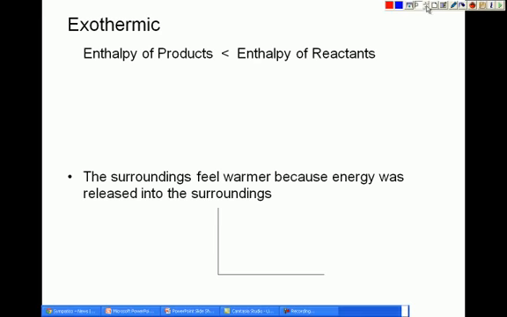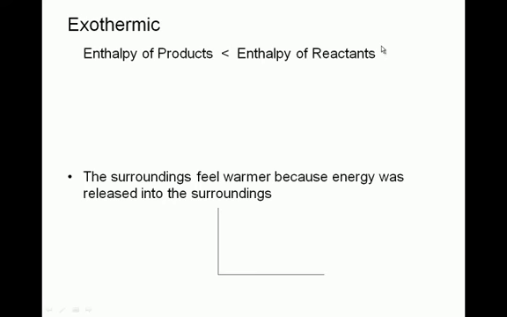Now let's talk about exothermic reactions. Exothermic reactions are in many ways the opposite of endothermic reactions. Instead of having the enthalpy of products greater than the reactants, exothermic reactions have products with enthalpy less than the enthalpy of the reactants. We can also write this as H products is less than H reactants.